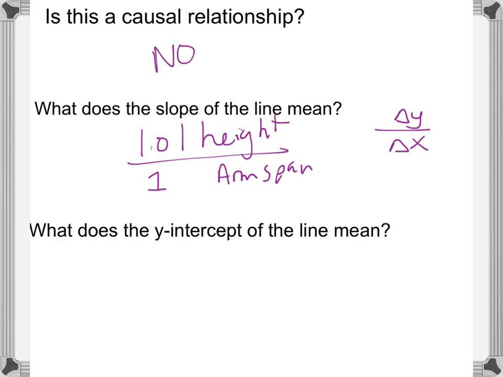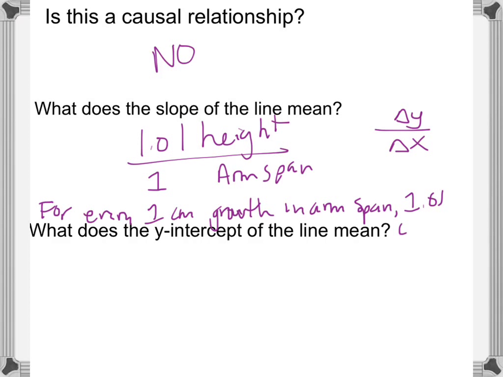So that means for every 1 centimeter growth in arm span, there's a 1.01 centimeter growth in height.